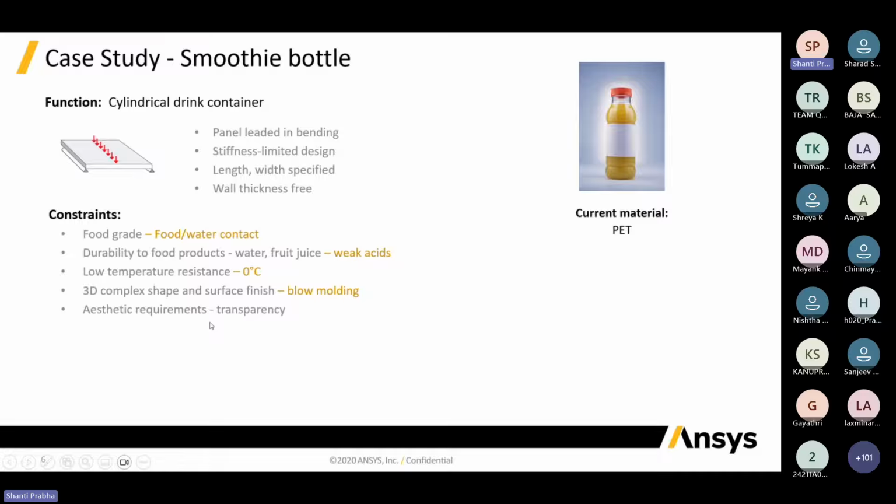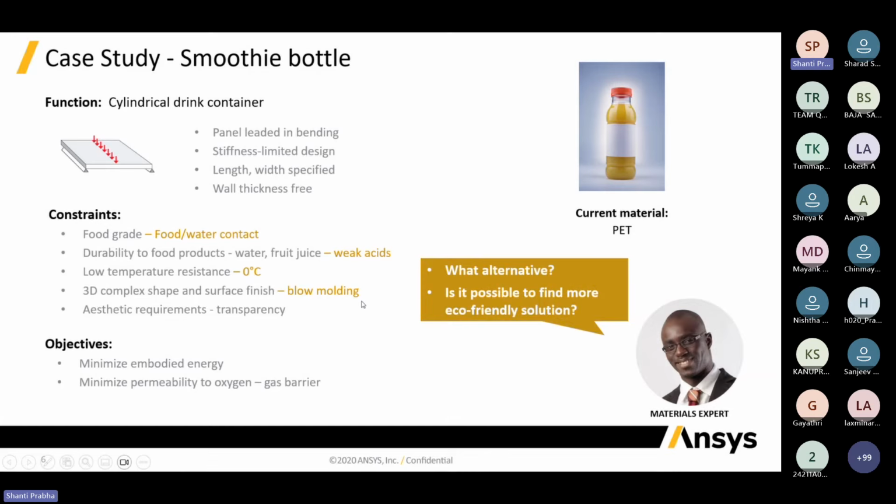What are the constraints? It should be okay with food, yeah, weak acids, and so on. This is if you're doing a material selection for that. But assume that you have arrived at this material, PET for the bottle cap, and polypropylene for the bottle body and drinks. Next, we'll see how to do this in Granta Selector.